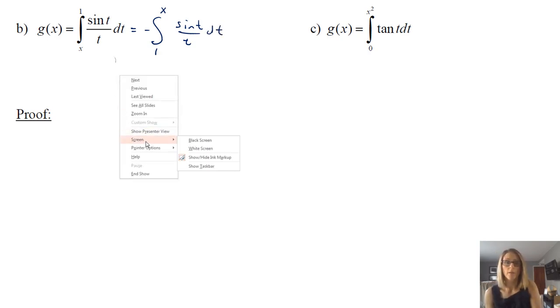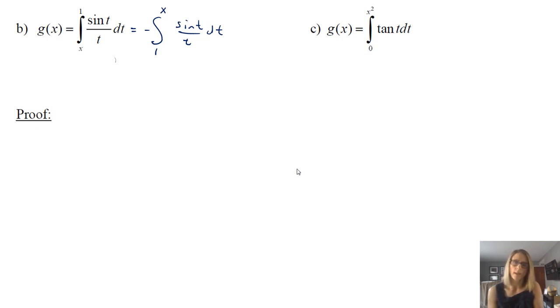However, the idea behind me doing this is just because I can't use the fundamental theorem until I have it of the form that you see in the fundamental theorem of calculus. So without writing it as a constant to that variable, I wouldn't be able to actually use the fundamental theorem. So now I can use it.